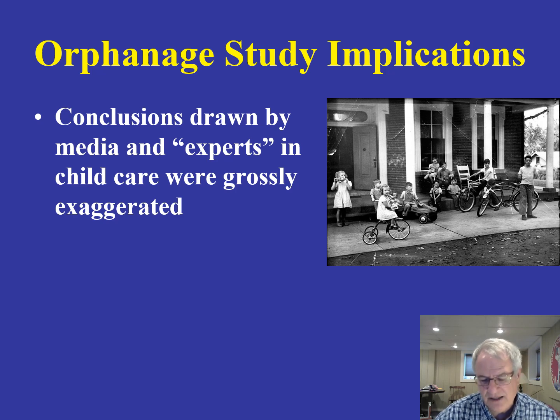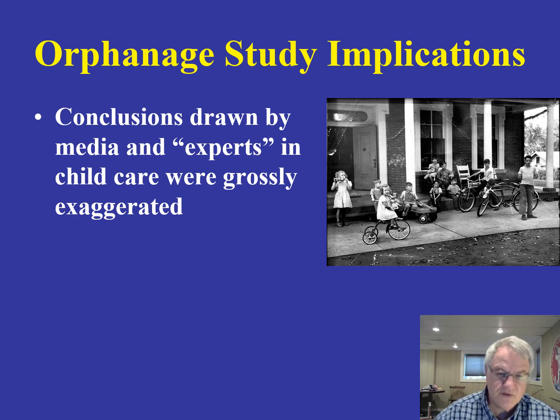But again, keep in mind that in that orphanage setting, it was a relatively impoverished environment. Kids didn't really have a lot of things that you would want to see them exposed to during that period of time. Their schedules were very regimented. They slept and played in very cramped quarters.